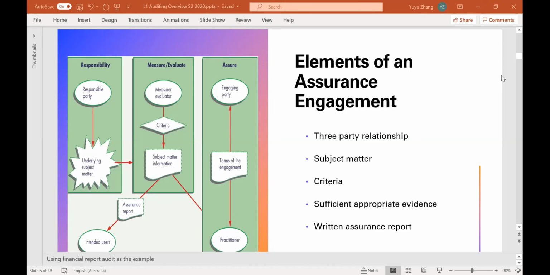Could you follow? And then the auditors come to review the subject matter information and then issue the auditor's or assurance report.